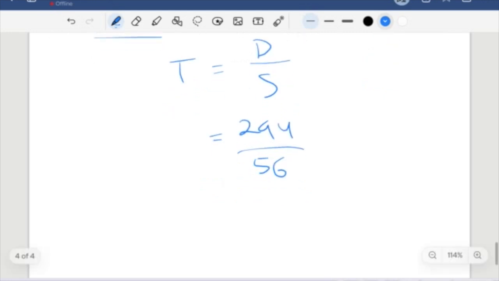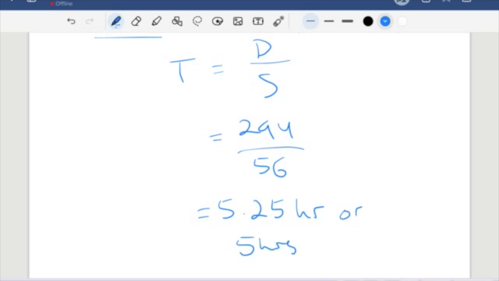And this is going to give us 5.25 hours. Now, 0.25 is like saying a quarter. So a quarter of an hour of 60 minutes is going to be 15 minutes. So you can leave your answer like this, or you can write 5 hours and you can write your minutes separately. This is like saying 5 hours and 15 minutes.